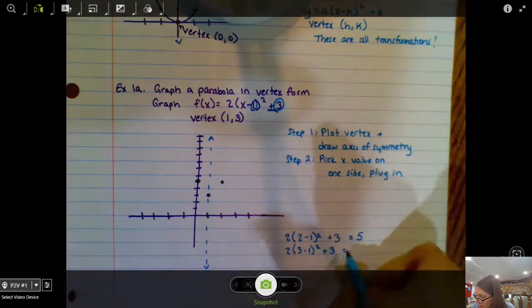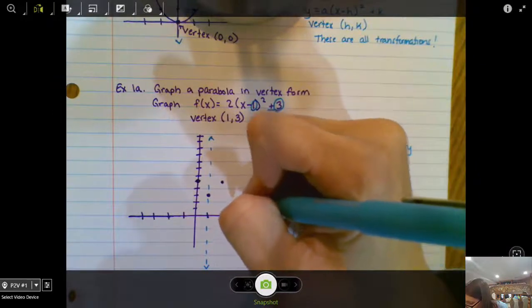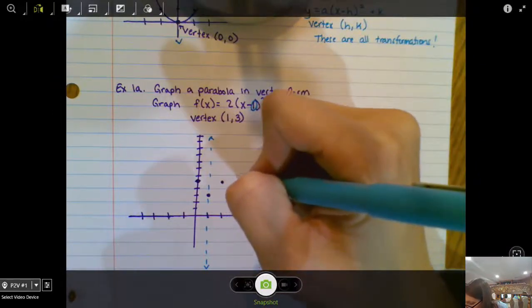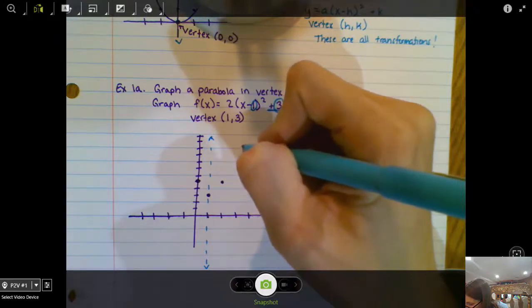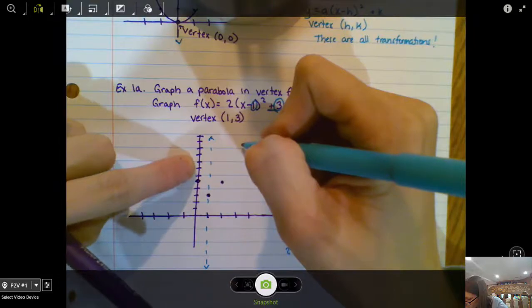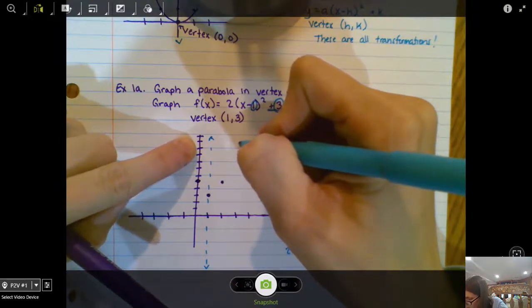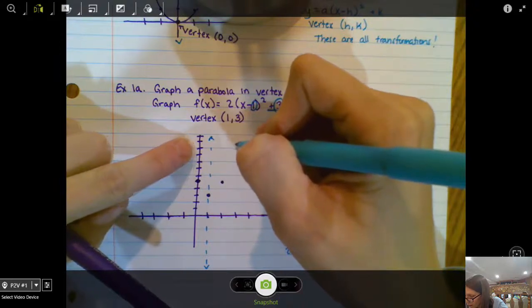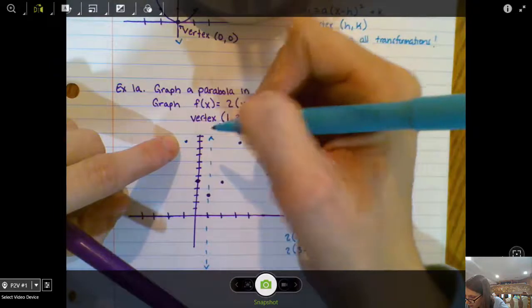Plus 3 is 11. So 3, 11 is also on our graph. And again, it's the same on the other side of our axis of symmetry. So follow that across over here.